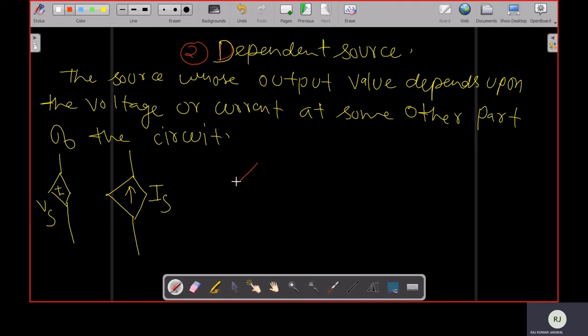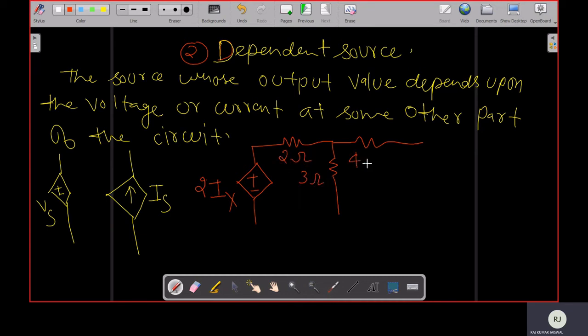In the circuit you see this is the 2Ix, and these are the resistance values, and it depends on Ix.